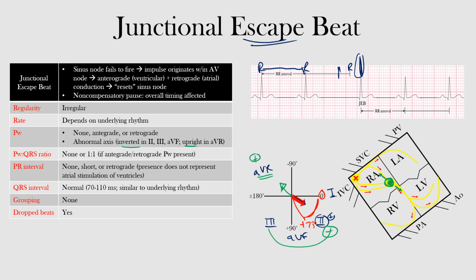So if we look here, we're saying that we have a non-compensatory pause. So meaning this R to R wave, the next R wave should occur somewhere here. But instead, this junctional escape beat coming from here is going to travel back and reset our sinus node.